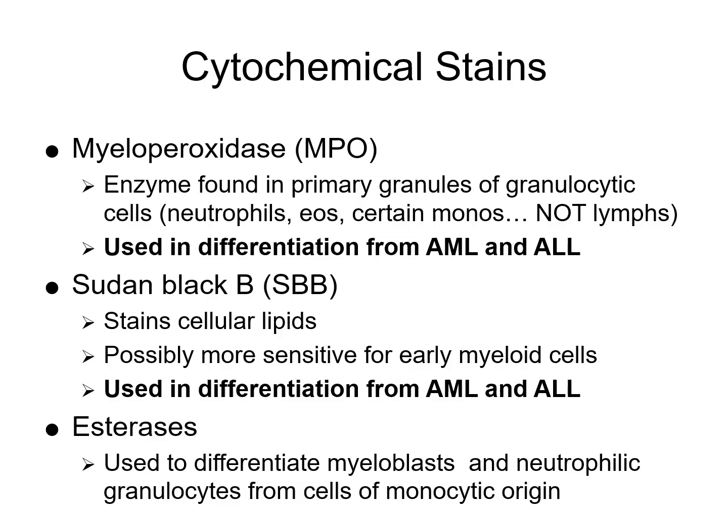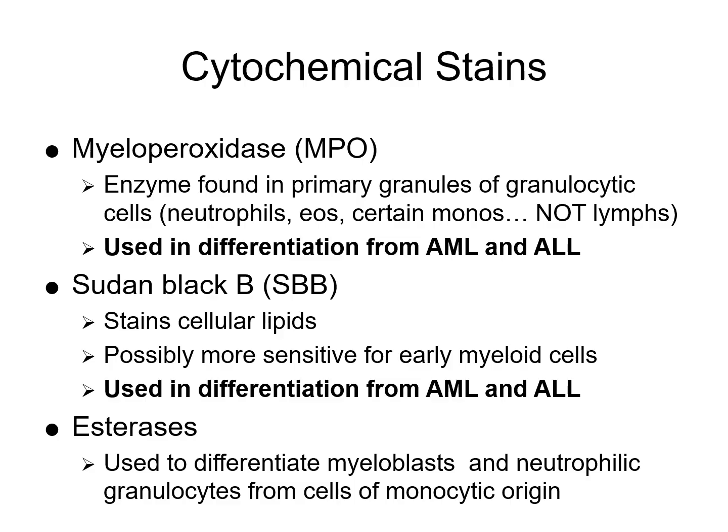It is a lipid-soluble dye that stains phospholipids, neutral fats, and sterols within cell membranes and granules. For leukemia diagnosis, like myeloperoxidase, Sudan black B stains cells of the myeloid lineage, including early myeloid precursors, because these cells have abundant cytoplasmic lipids in granules.